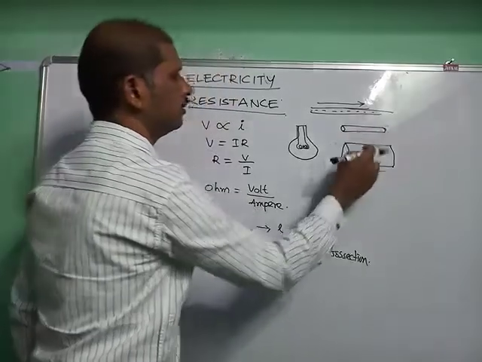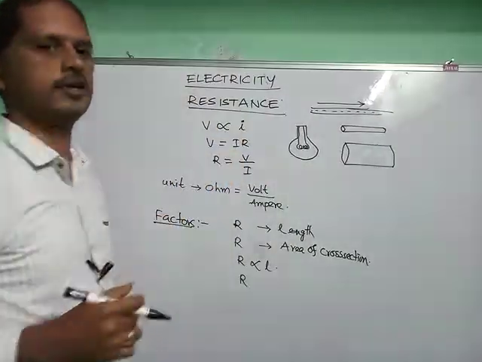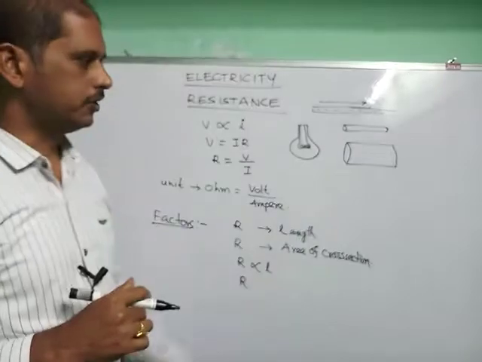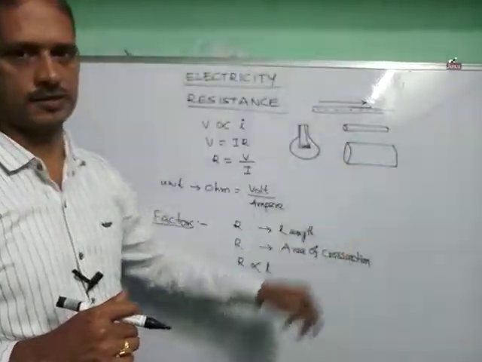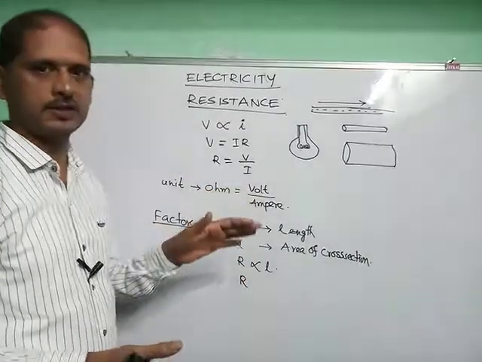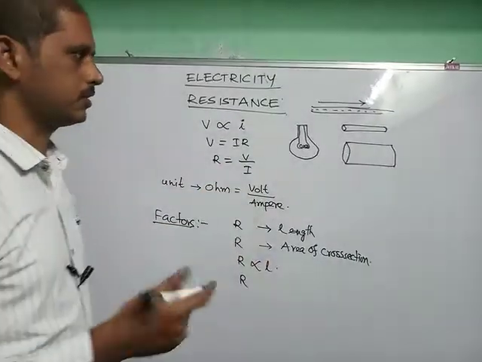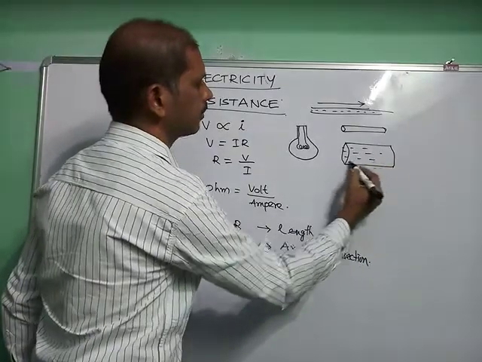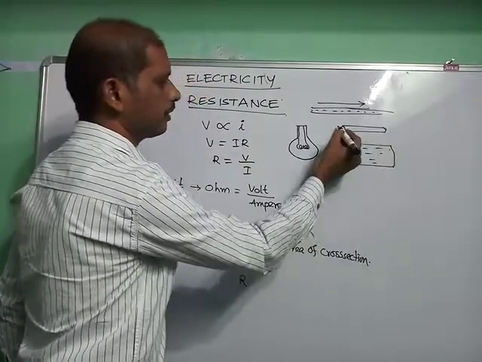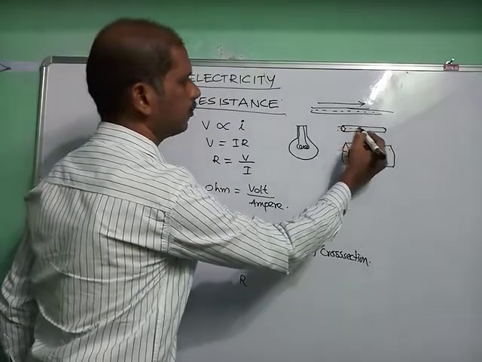You can see this second conductor is thicker than the first one. When thickness increases, the resistance offered by the conductor decreases. Why? Because passing of electrons is easier here. Here the same number of electrons are passing, but it is too difficult to pass through it.